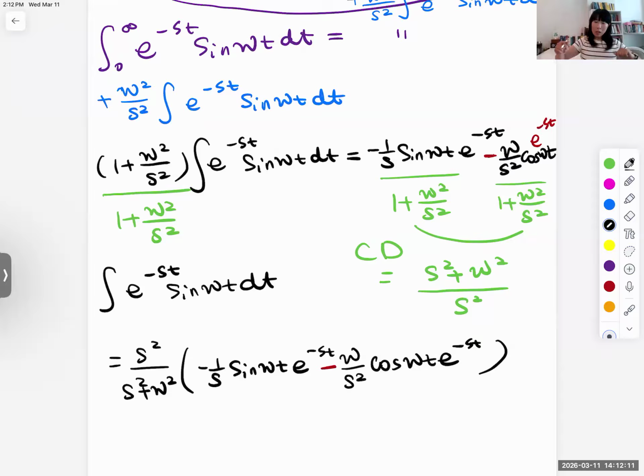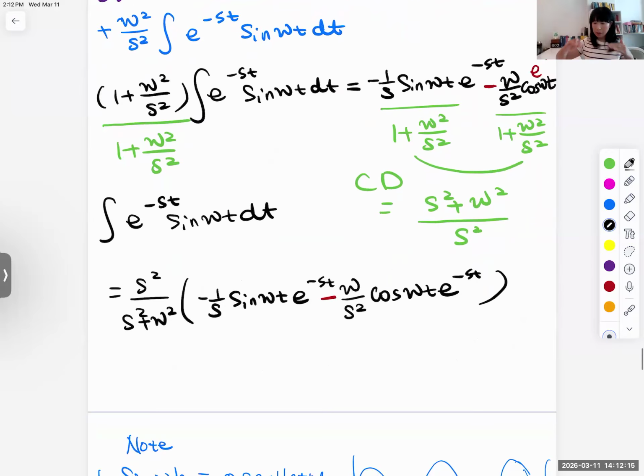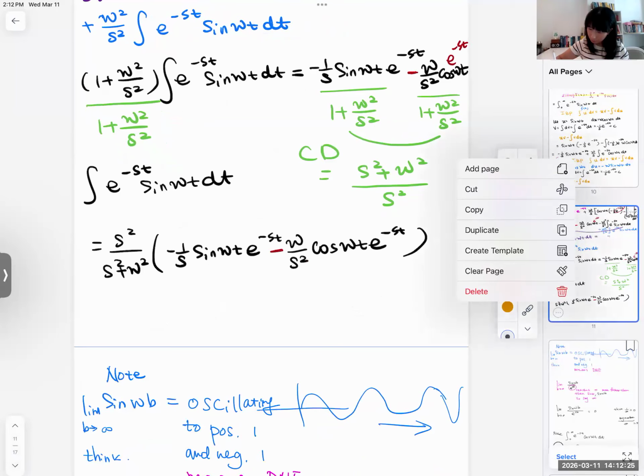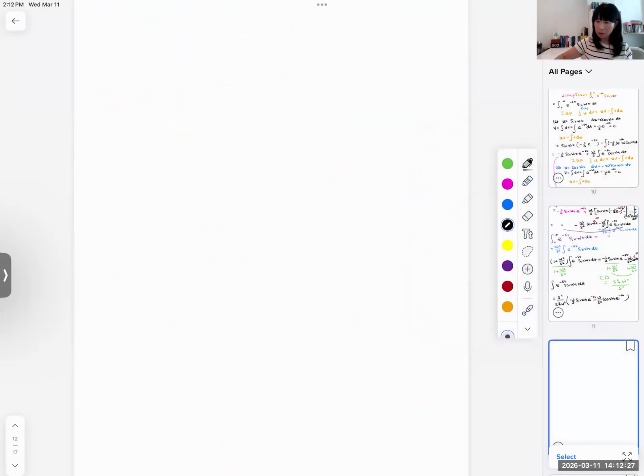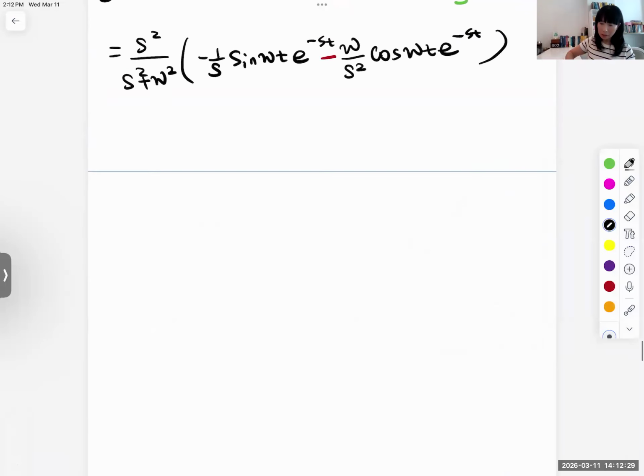Okay, now let's apply the limit. We finished the integration by parts, but we did not apply the limit. Let's do that. Almost done.